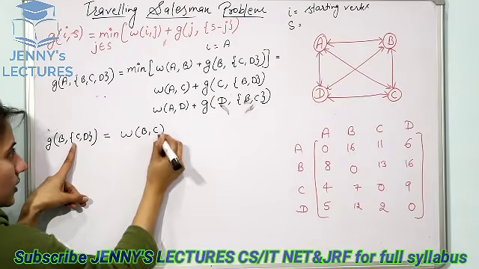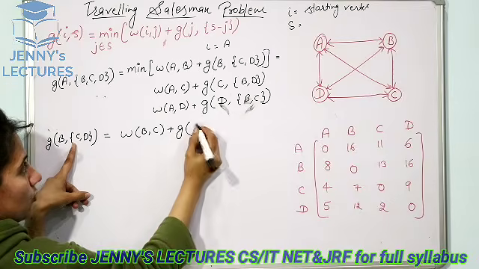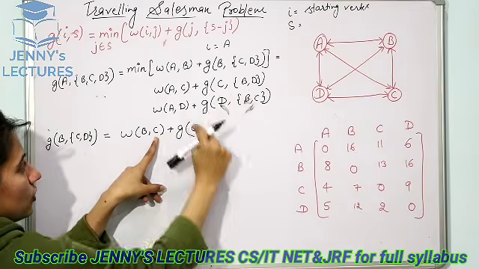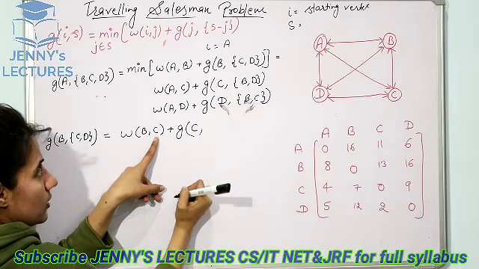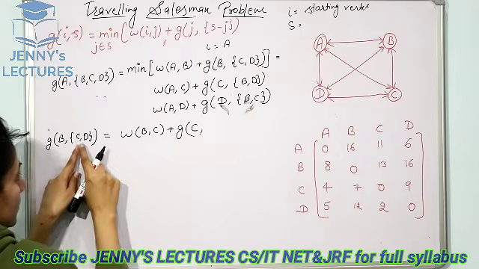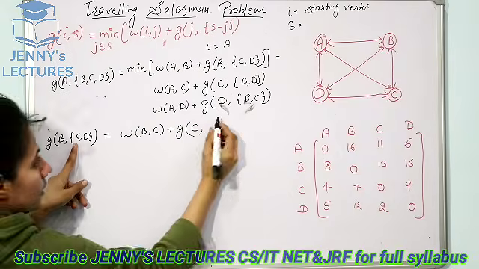Suppose I am taking C plus G of, here what we will write? We have selected C. So here J is C. C comma, this one S minus J. S is C, D and J is C. The remaining is D only.